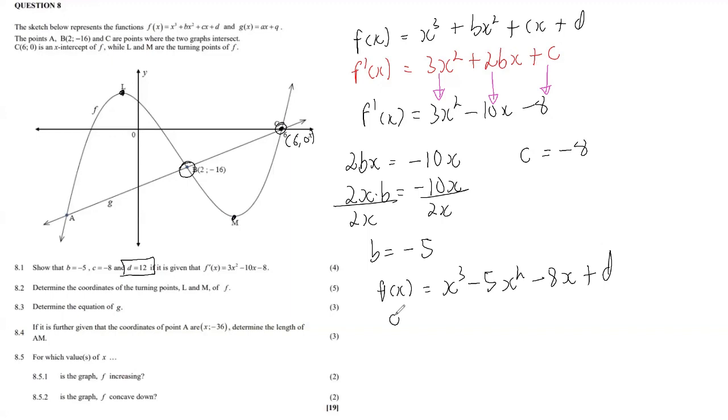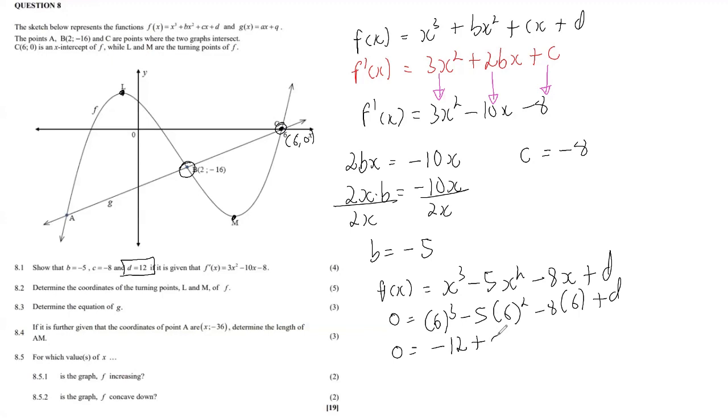Where there's f of x, I put 0 and substitute in here. So that's 6 cubed minus 5 times 6 squared, then minus 8 multiplied by 6, plus d. When I punch all this into my calculator, I find that my value is negative 12.